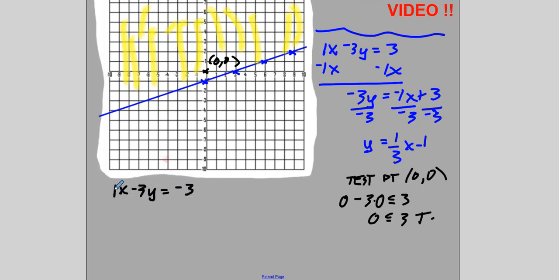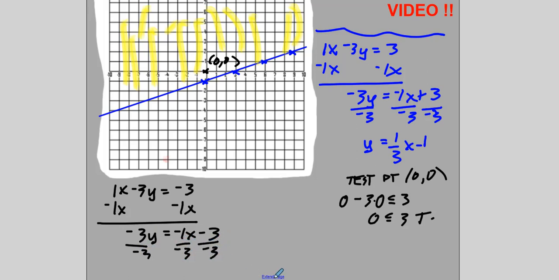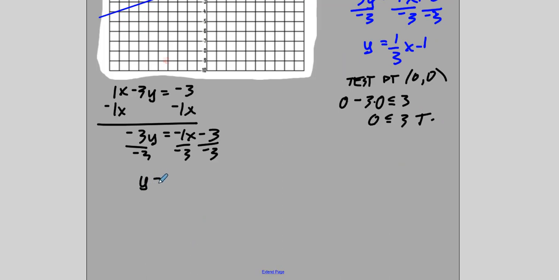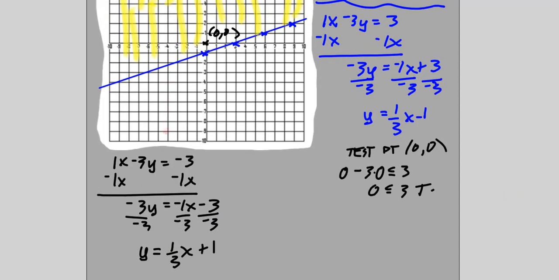So again, I'll put a 1 there, get the negative 3y by itself, so I subtract 1x from both sides. Now, to undo the multiplication here, I divide by negative 3. So y is negative divided by negative is positive, so y is 1/3 x plus 1.